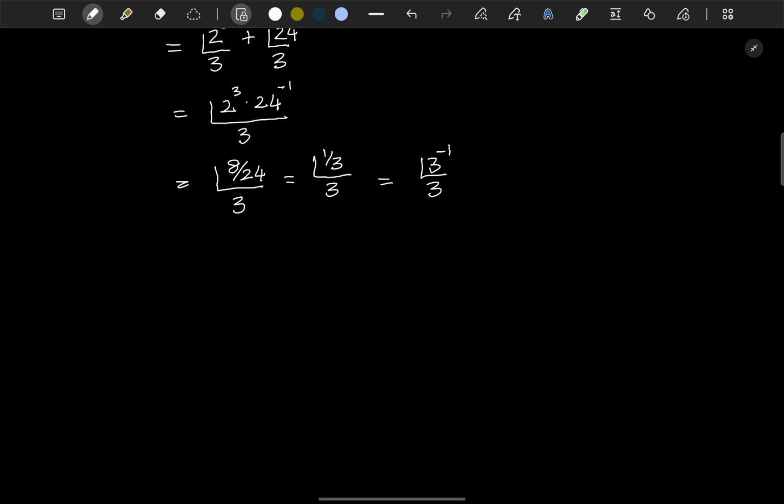Okay, 1 over 3 is the same as 3 to the power minus 1. Well, let's take the minus 1 out to the front. If you multiply something by minus 1, you get minus log 3 of 3. And then 3 to the power of what is 3, or 3 root what is 3, is 1. So that is equal to minus 1. And that's our answer.